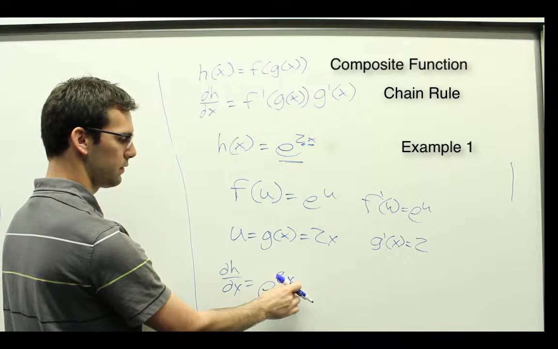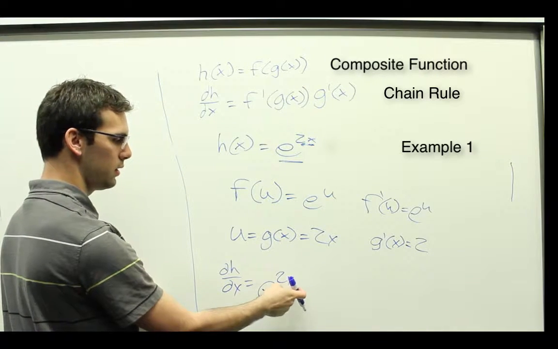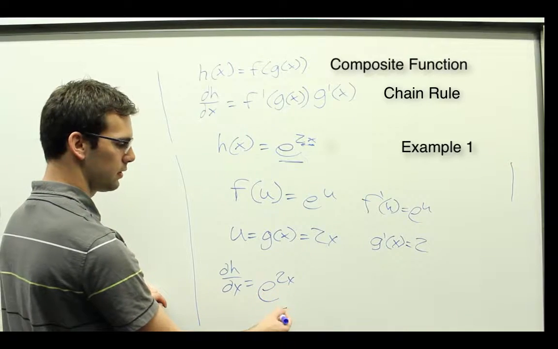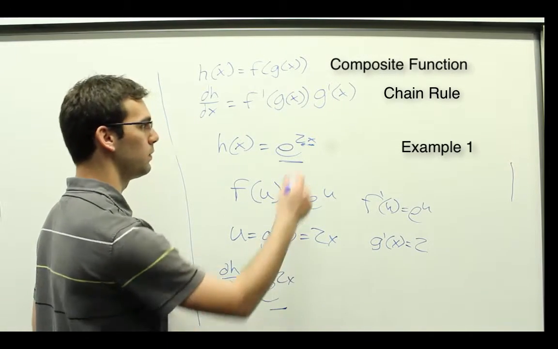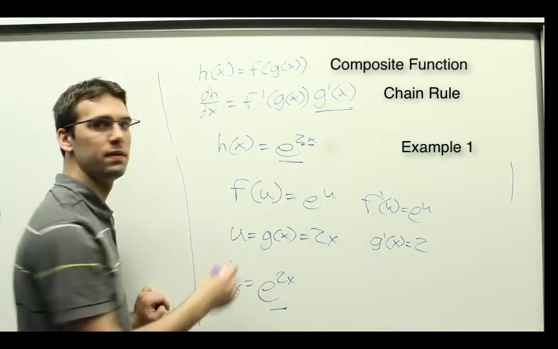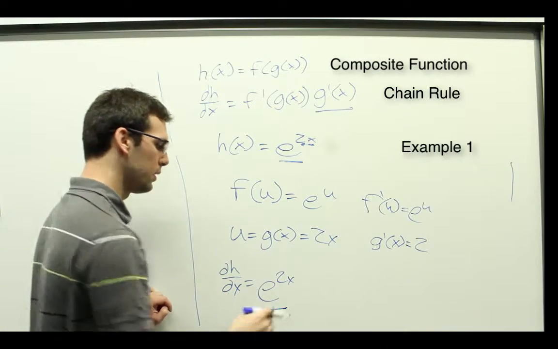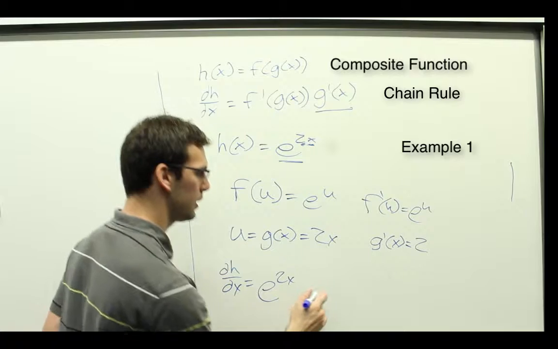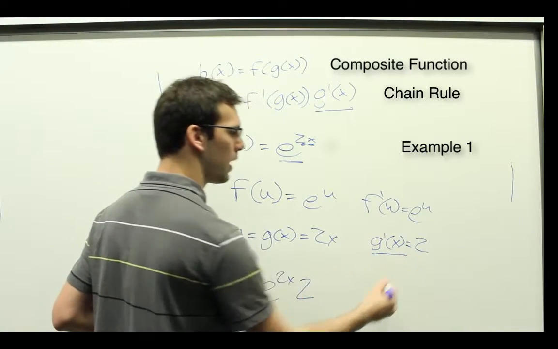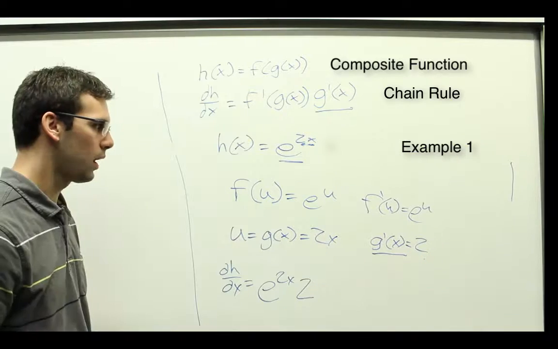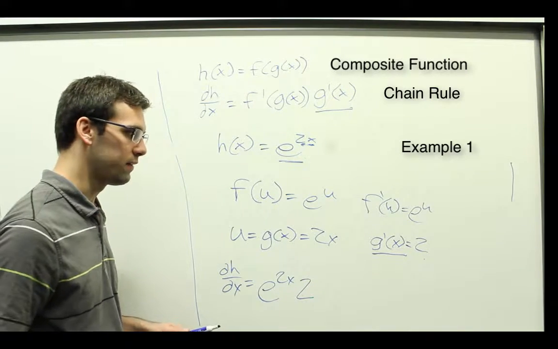Go ahead and leave the inner function intact with the derivative. And then we multiply by the derivative of the inner function, and that gets us 2, because g prime of x is 2. And so hopefully that clarifies things a little bit.